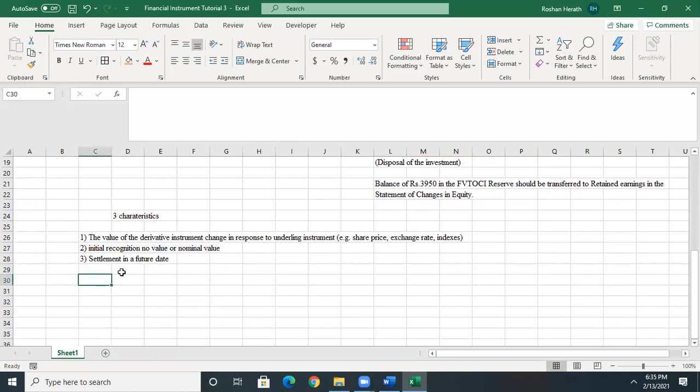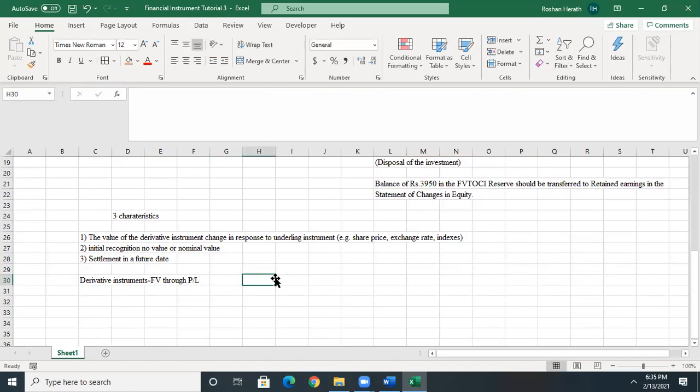When it comes to derivative instruments, how are we going to account for them? That is fair value through profit or loss.